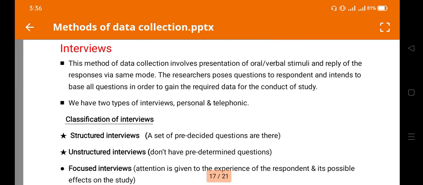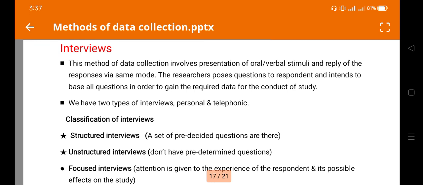And in interviews, you know about the interviews, as you have already discussed interview skills in your communication and presentation skills as well. It may be face to face interviews, and there are different types and subcategories of interviews as well. So two major kinds of interviews include personal interviews, in which you have face to face interview with a person, and the other is telephonic through a phone.